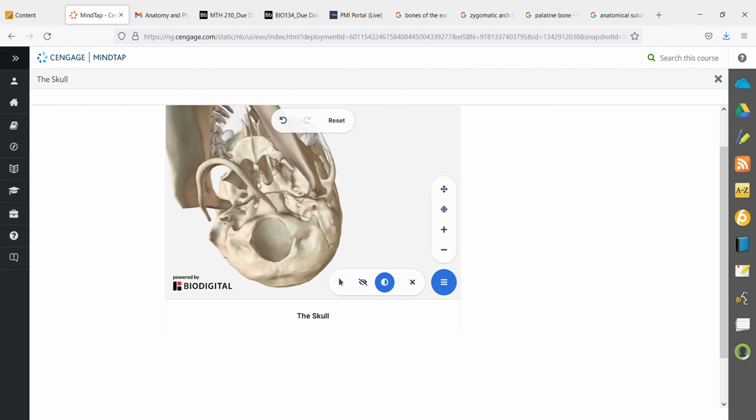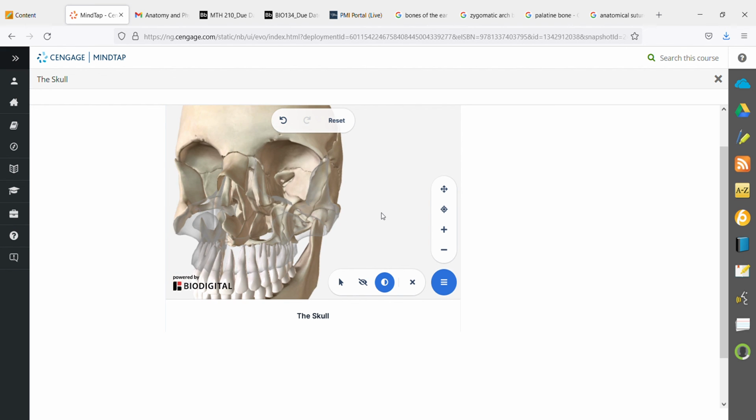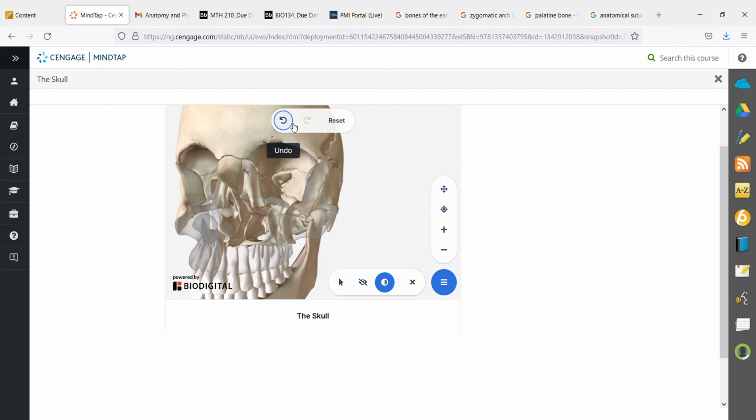This little floating bone here is the hyoid, and these right here are for veins and arteries that go out into the brain to fuel it with blood so that we can live.